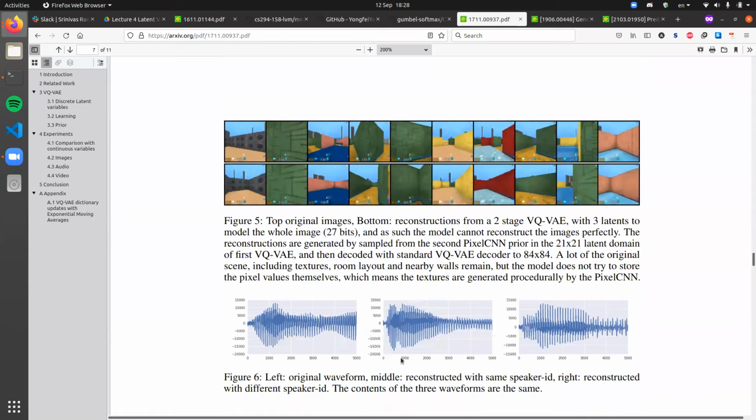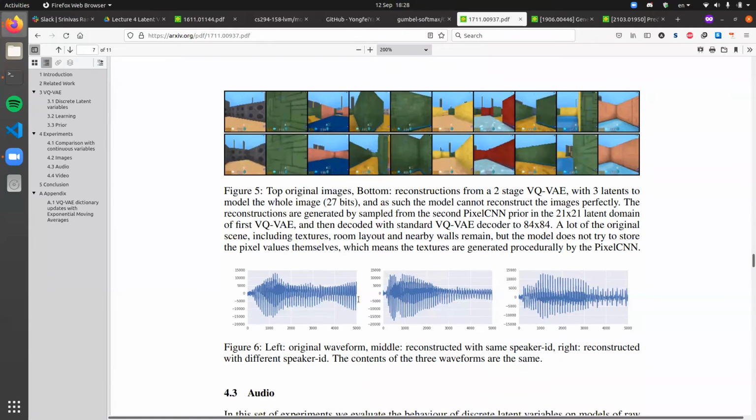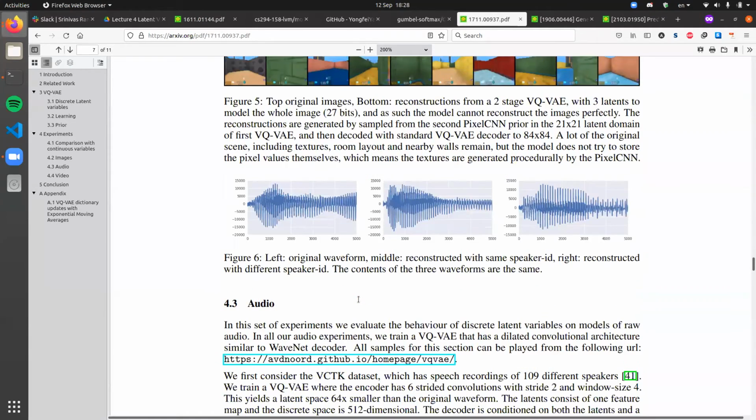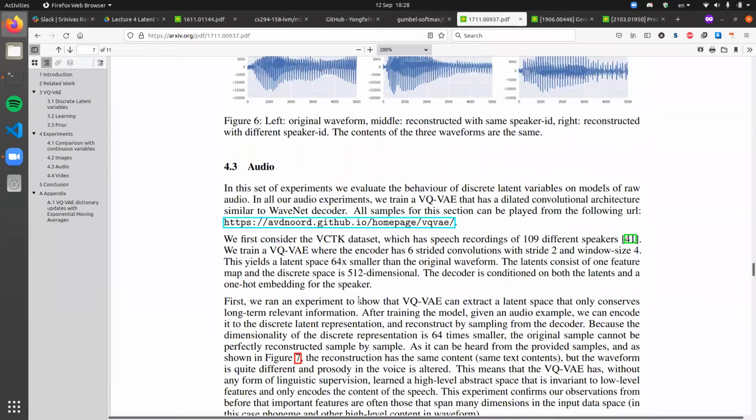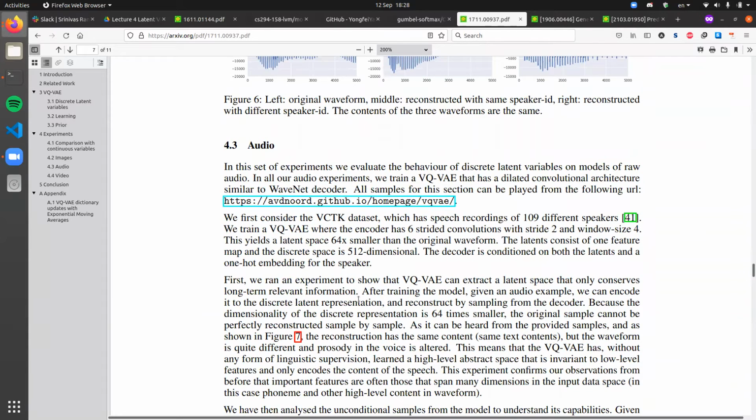Also, this approach can be applied not only to images, and in this paper they demonstrated how you can learn sound in a similar way. In the case of audio signals, they modeled the latent distribution with WaveNet.